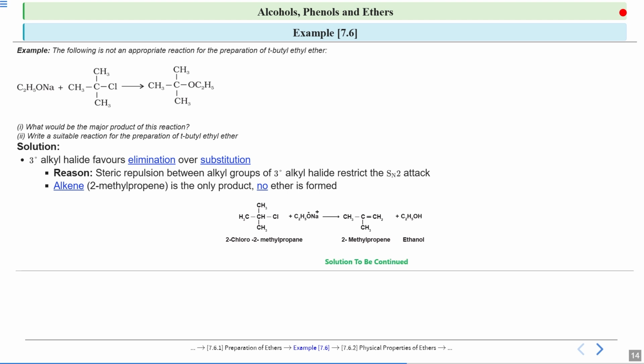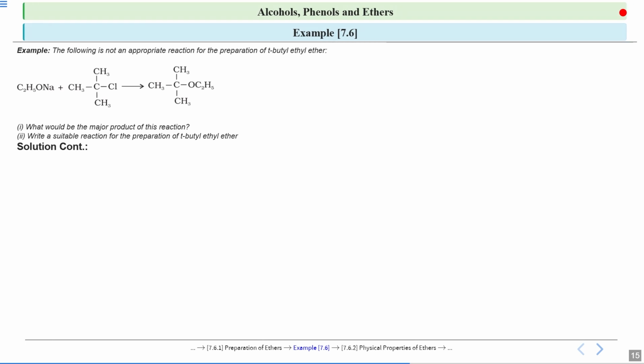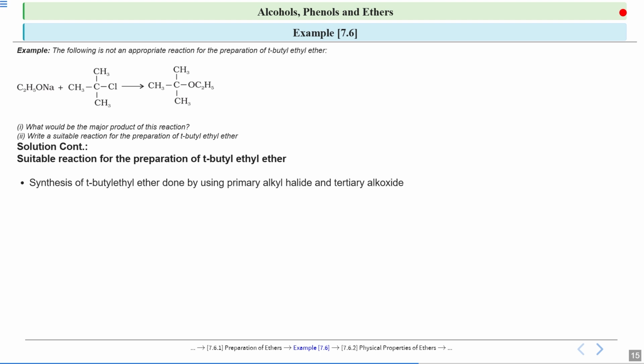Now, if we come to the second part, it is asking to write a suitable reaction for the preparation of tertiary butyl ethyl ether. So what will be the appropriate reaction for preparing your ether? It will be done by using a primary alkyl halide and a tertiary alkoxide.